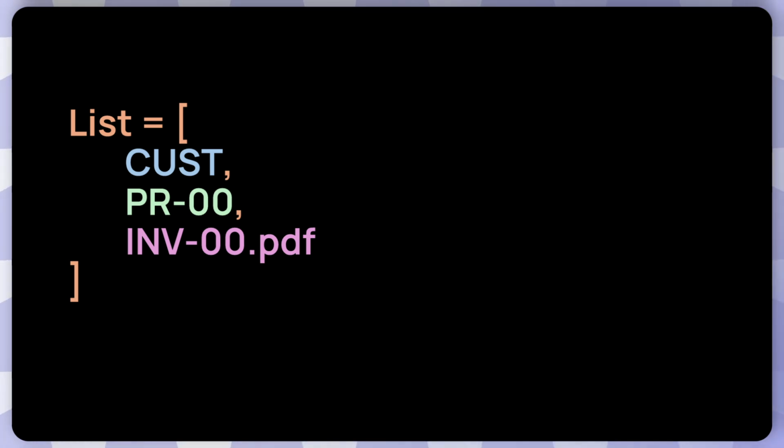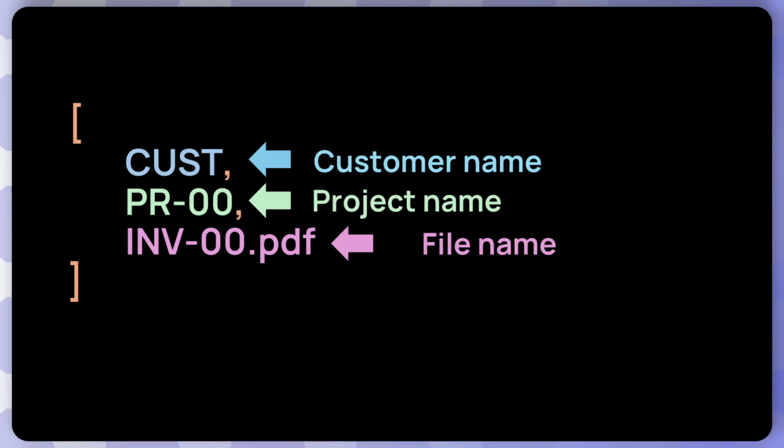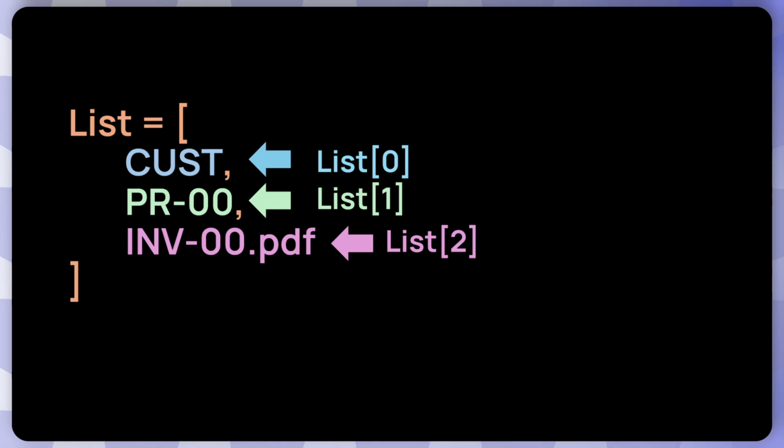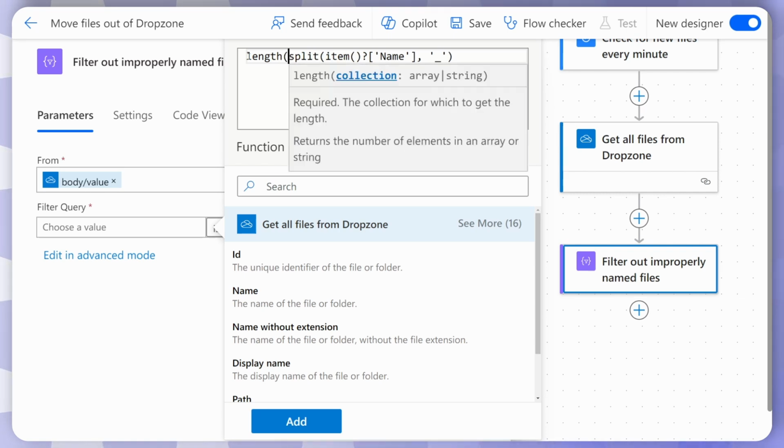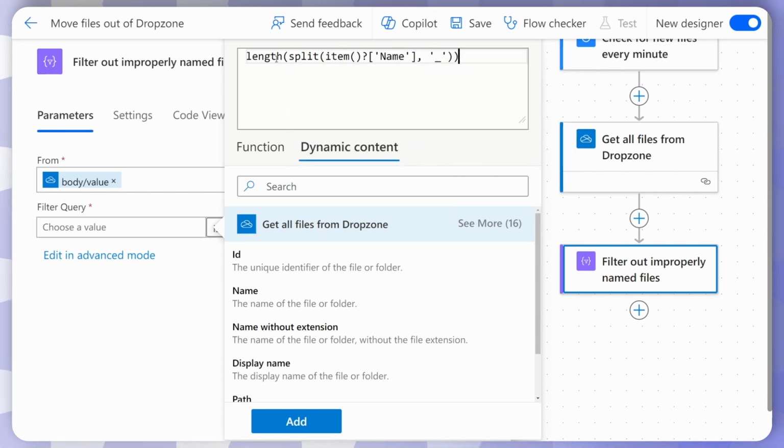It gives us another list, and for a list, obviously we can tell how many items are on that list. To get the number of items, the parts after we've split this name, we can use the length here. So length, and we'll just wrap it like this. So now we have the length and split the item. We've split it by this underscore, and we're getting the length of this whole thing.